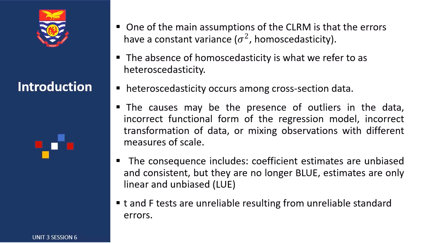There is also incorrect transformation of data. In the transformation of your data, assuming you use the wrong transformation technique, you are likely to also face the issue of heteroscedasticity. Finally, there is also the idea of mixing observations with different measures of scale.